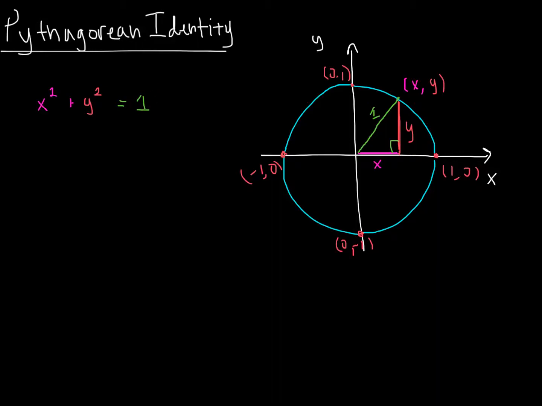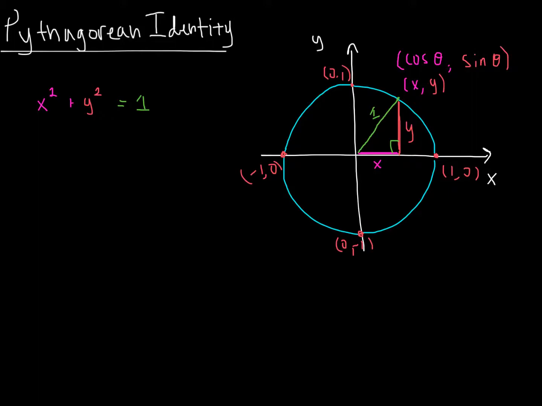Now let's remind ourselves, what is the x-coordinate of this point once we've rotated this many radians? The x-coordinate is the cosine of the angle that we've rotated, and the y-coordinate is the sine of the angle that we've rotated.